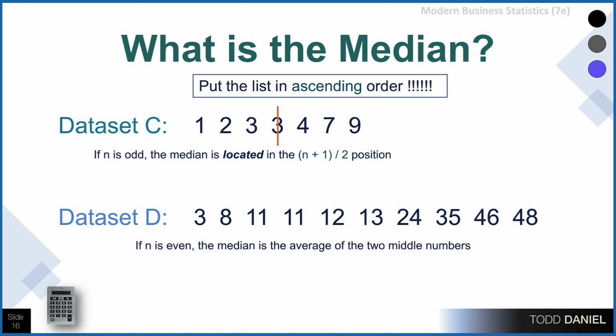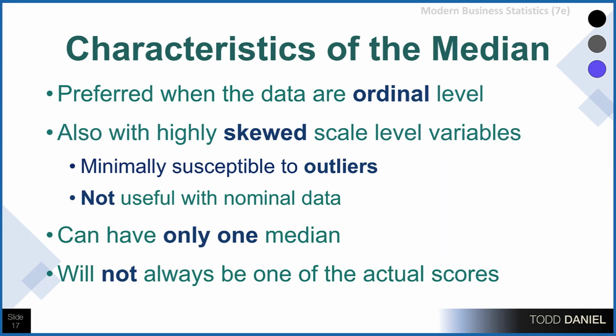But if we have an even number of scores, then we split the upper and lower halves, and then we would take the average of the middle 2 scores. So in this example, we have a 12 and a 13 in the middle. We would say that our median is 12.5, halfway between the 2 middle scores. What are the characteristics of the median?